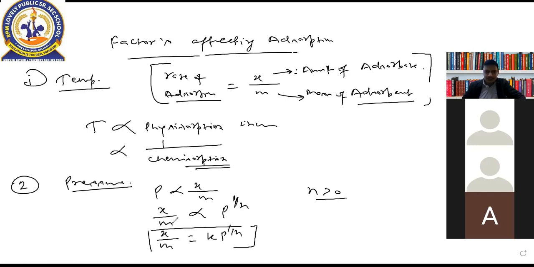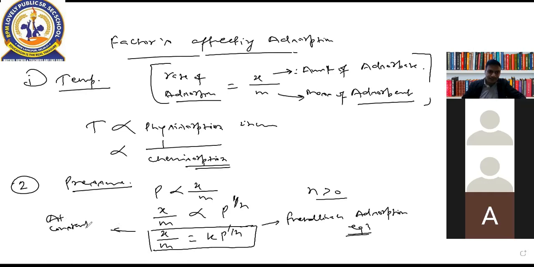This is called the Freundlich adsorption equation, and this equation holds only at constant temperature. Okay, so this is all about that. Now proceeding further, take the screenshot of this, Jessica.